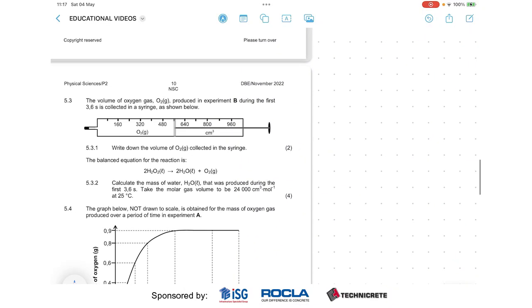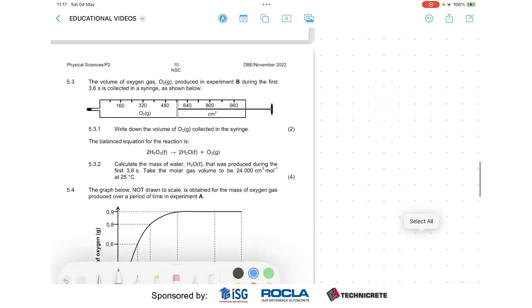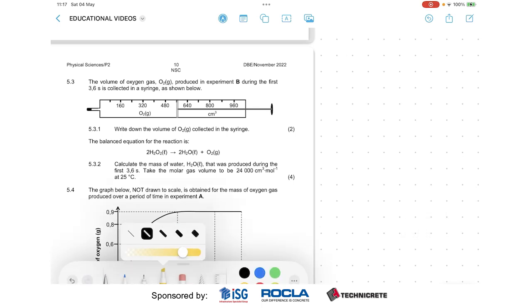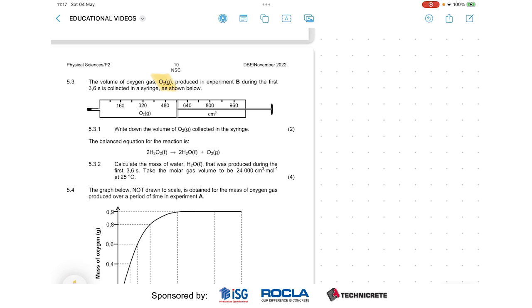The volume of oxygen gas produced in experiment B during the first 3.6 seconds is collected in a syringe as shown below. Let's just make a note of that. So that's oxygen, 3.6 seconds.